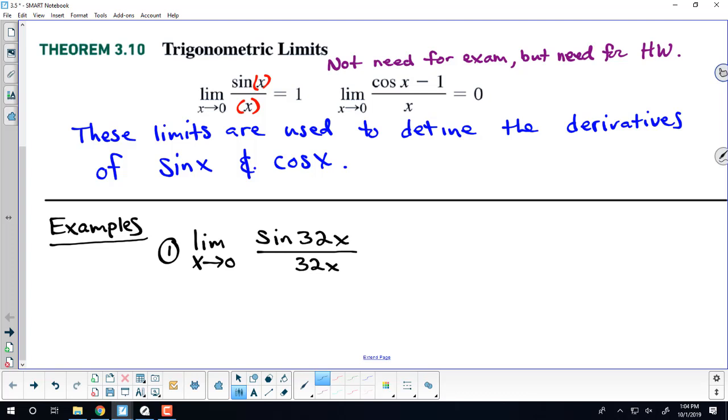Even though we don't see it as x, just think x is a placeholder, and those placeholders are identical. So since we have identical things, we can immediately apply that theorem and say that limit is 1.